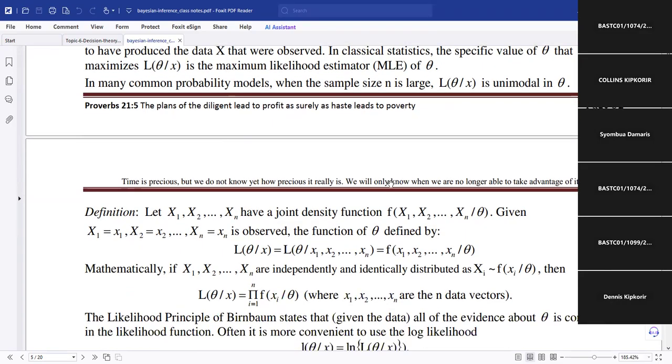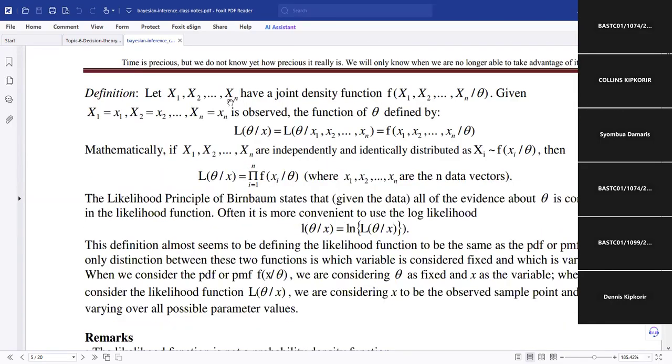A definition talking about these observations, X1, X2, X3 to have a joint distribution f(x1, x2, x3 given theta). Given that X1 equals x1, X2 equals x2, Xn equals xn is observed, then the function of theta defined by the likelihood function of theta given x will be the same as the likelihood of theta given all these observations, x1, x2 to xn, which equals the function f(x1, x2, xn given theta).